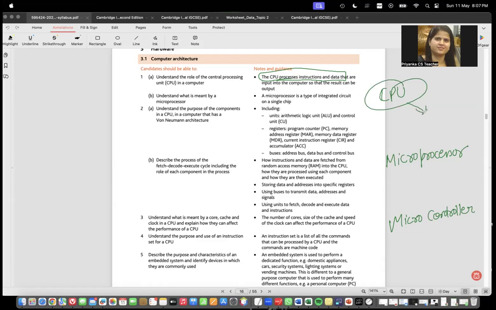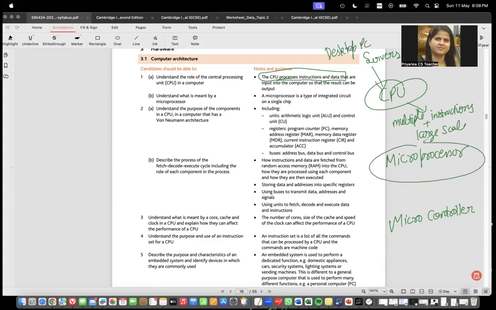CPU can perform multiple tasks or multiple instructions on a large scale. That's why we use CPUs in servers, desktop PCs, and laptops.